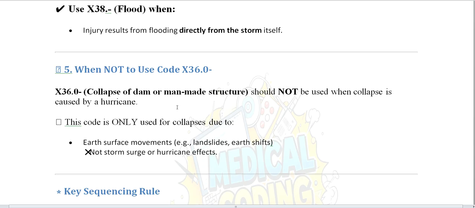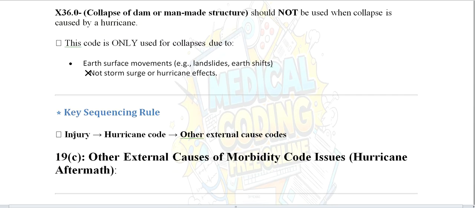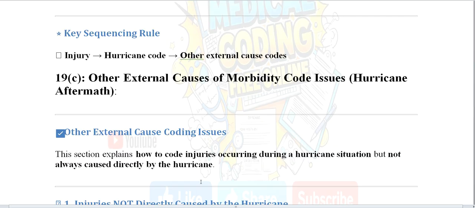This code is only used for collapse due to earth surface movement, for example landslides or earth shift, not storm surge or hurricane effects. Key sequencing rule: injury, hurricane code, other external cause code. Section 19C: other external causes for mobility causes, issues in hurricane aftermath.